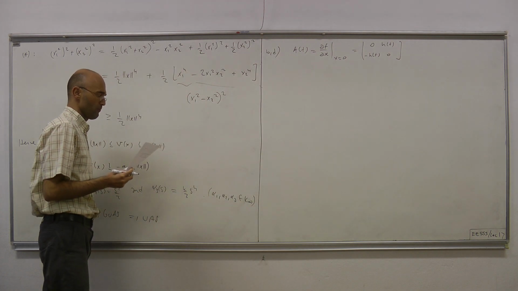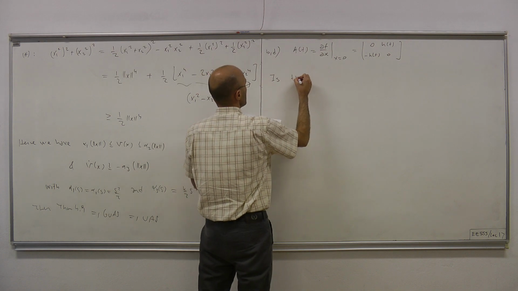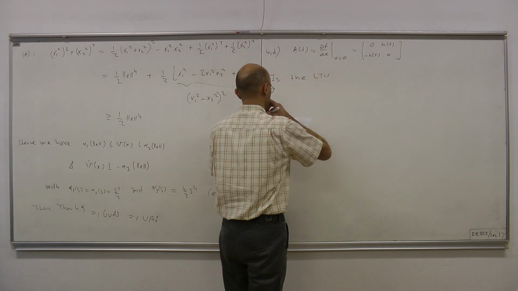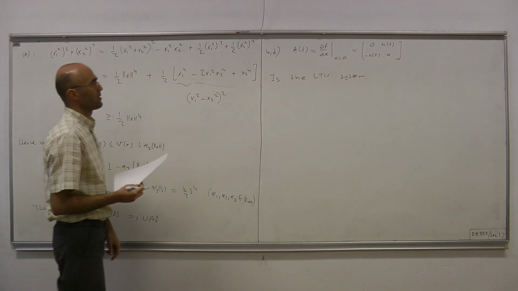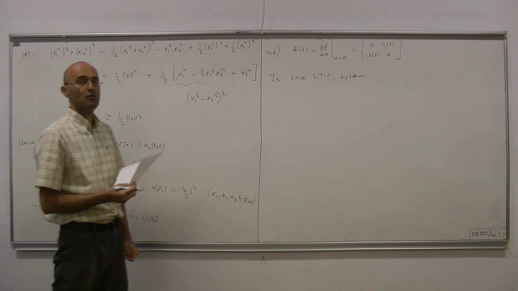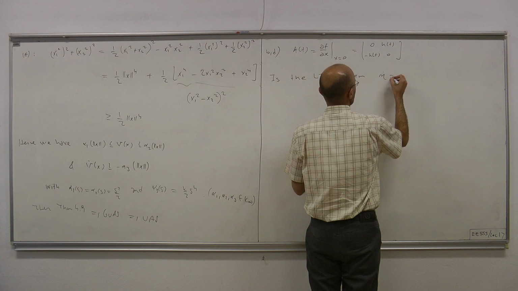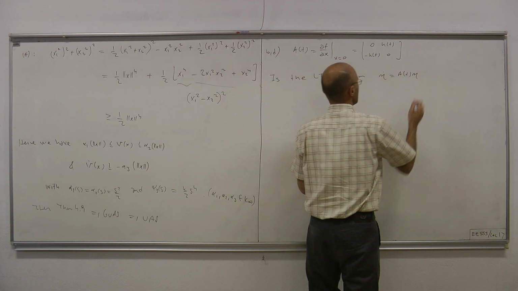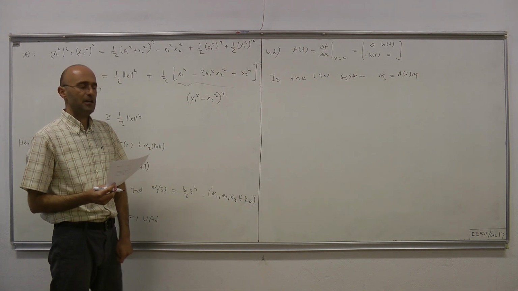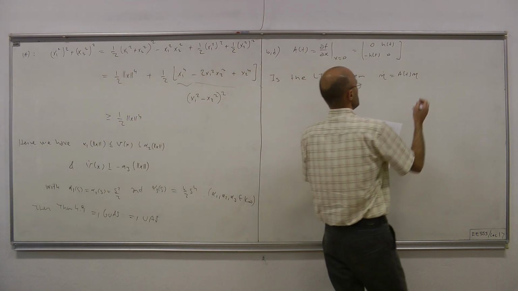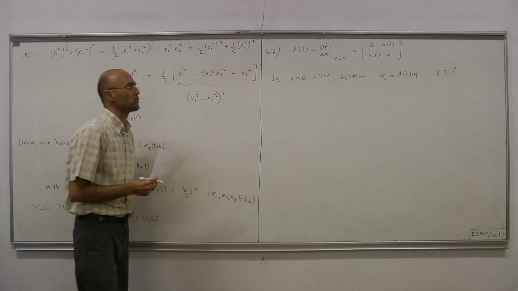Okay, it has this form. Now, this is the linear time varying system. Now we will study stability, exponential stability properties of the origin through the linearized system, eta dot equals A(t) times eta. Let eta denote the state of the linear system. Is this system exponentially stable? Okay, so that's the question.